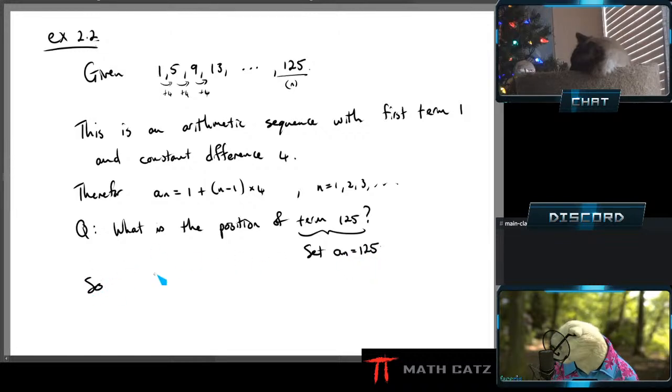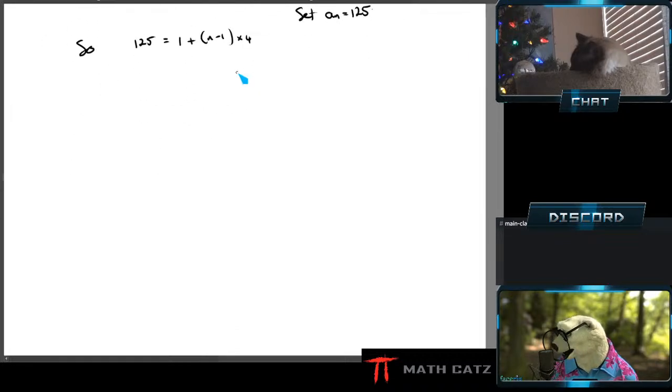So plug 125 into our formula, which then becomes an equation. Now we just have to figure out what value of n makes this equation true. Yes, if you're coming from 142, you should know how to do this.